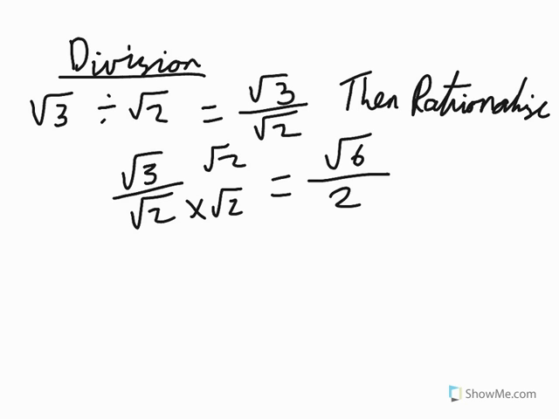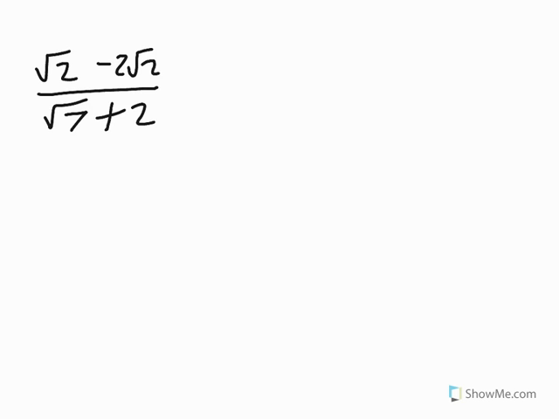Now, for example, if we have something like this, and I'll get a new page for that, we have something like square root of 7 minus 2 root 2, divided by square root 7 plus 2 root 2. Got another bit of a blue here, that's supposed to be square root 7.